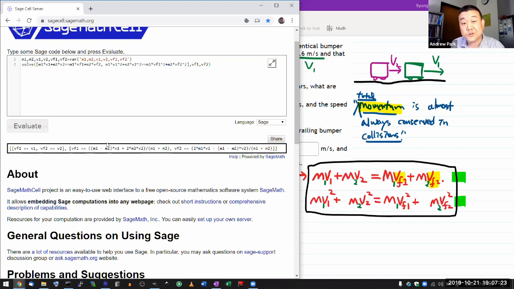It'll give you some interesting result that's worth thinking through, to see if that makes intuitive sense. But in the general case where M1 and M2 are not the same, this is the answer to the speed of the leading bumper car, and this is the answer to the speed of the trailing bumper car.